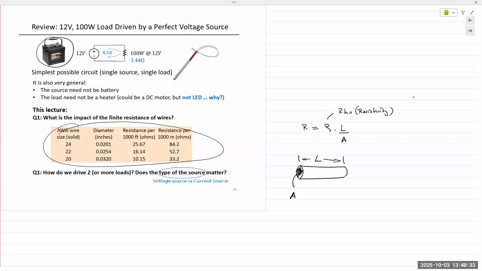So you can see the longer the wire is, the higher the resistance, and the thinner the wire, the higher the resistance. So if you want to transmit something over long distances and you want to reduce the resistance of the wire, you need to spend more money on the metallic conductor that is carrying the data or carrying the signal. So that makes it more expensive. Okay.